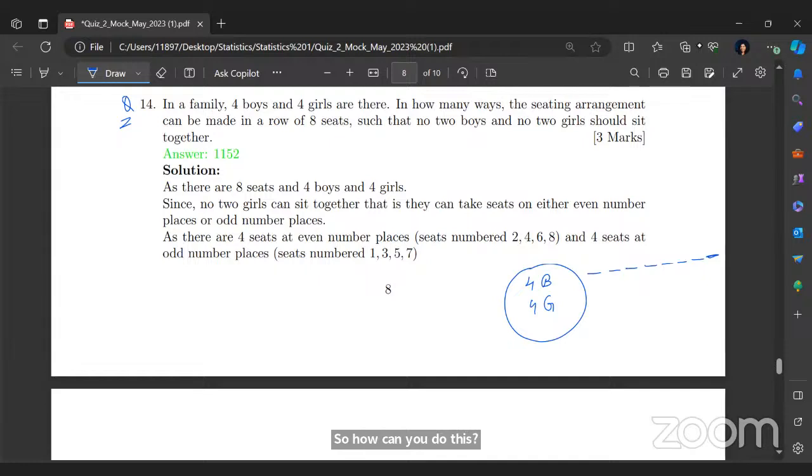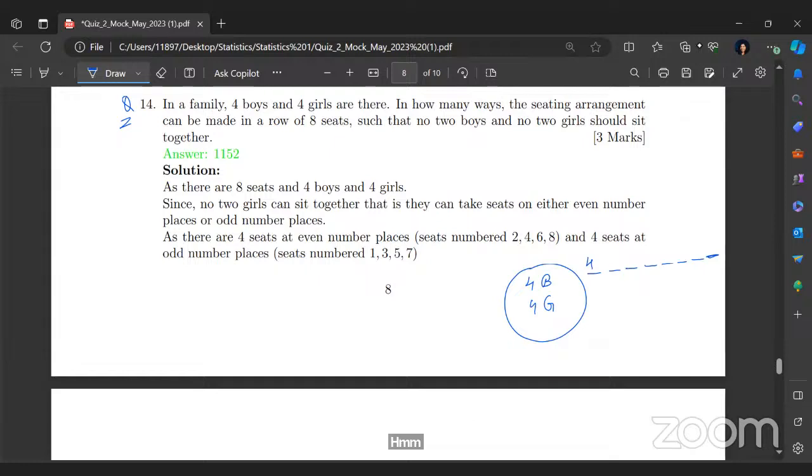Ma'am, factorial of each seat, irrespective of genders. Can you repeat? Like 4 into 4. So the first place is for girl and the second place is for boy. And similarly, 3 into 3, the remaining ones. Then 2 into 2, 1 into 1.